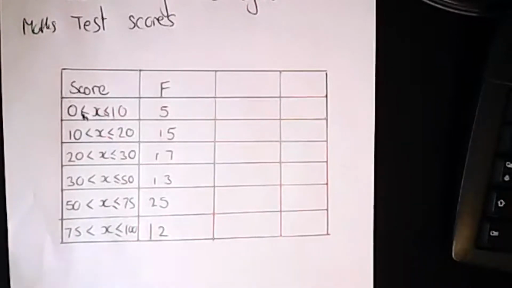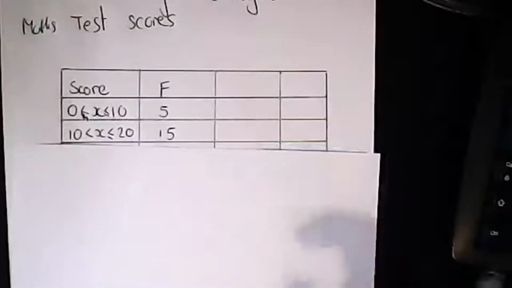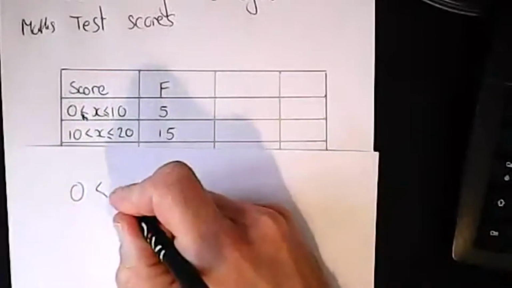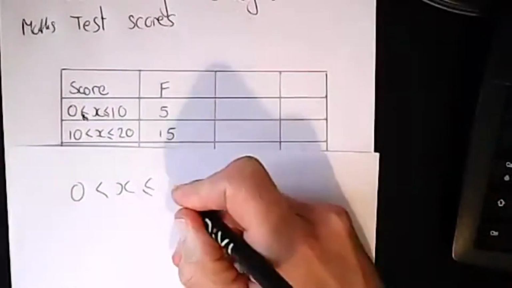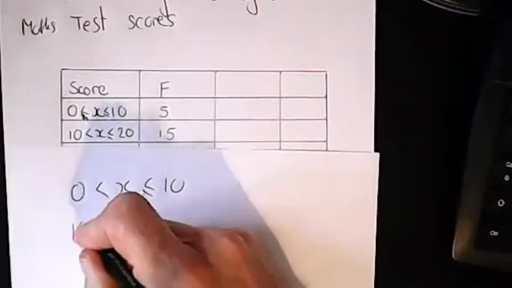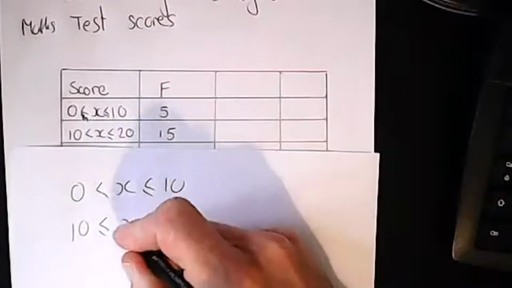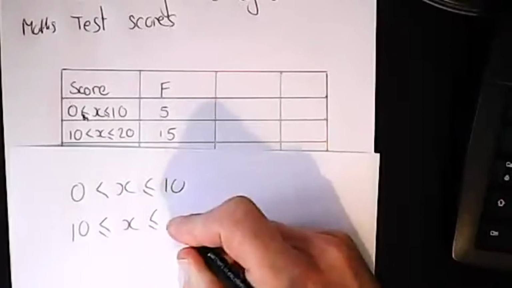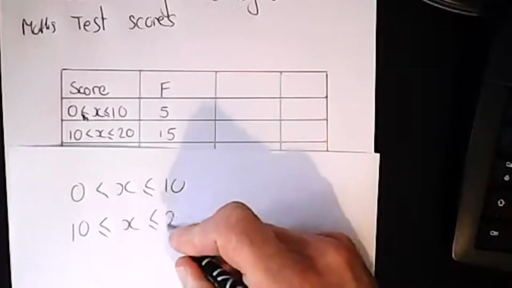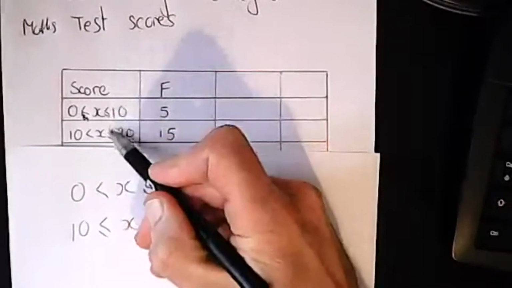Okay, so I'm just going to sidetrack a minute. I'm going to copy this out again, the first 2 bits, because you might need to formulate this table yourself, so it's important to see what not to do. Okay, so I've copied those 2 things out.